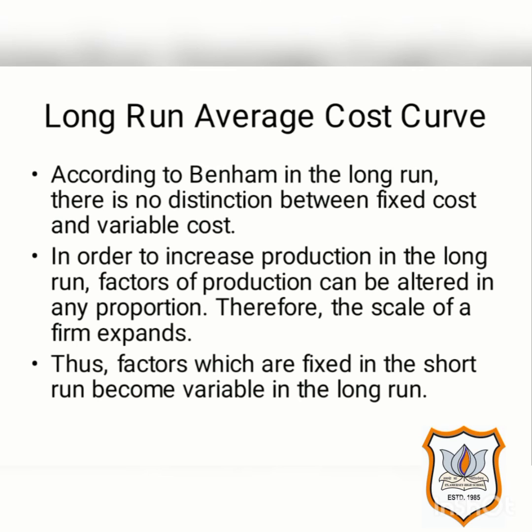And not only this, the size of the entire firm also expands. Thus, factors which are fixed in the short run become variable in the long run. So, no doubt these plant, machinery and building were fixed factors of production for a short run period of time, but in the long run they can be altered, and therefore we may conclude that in the long run all the factors of production become variable.